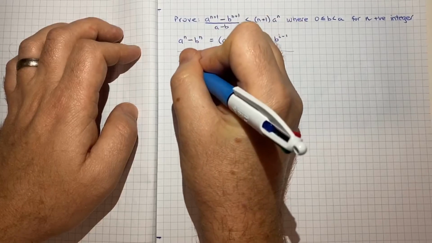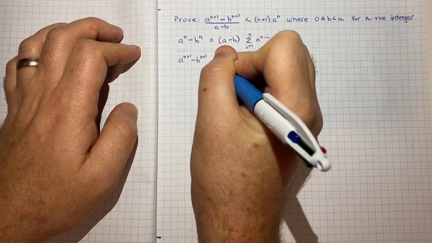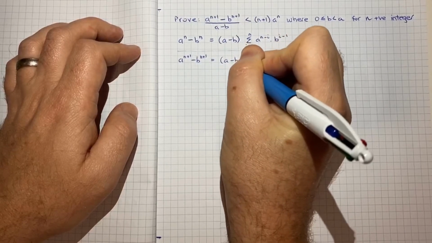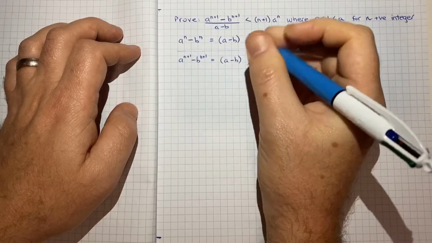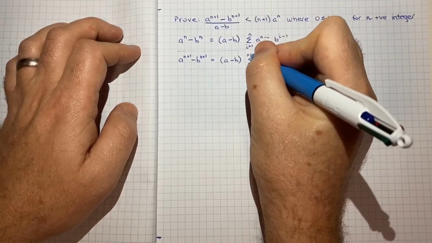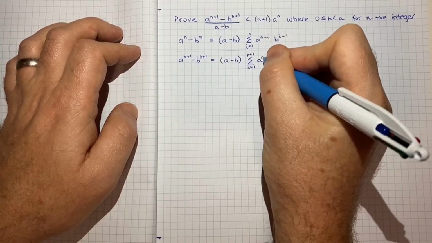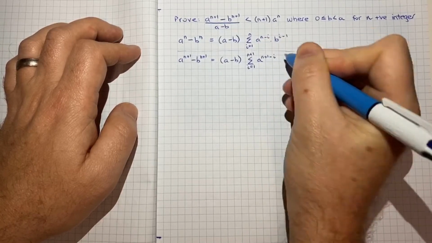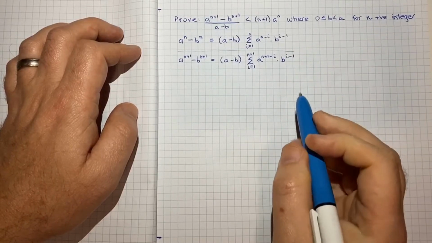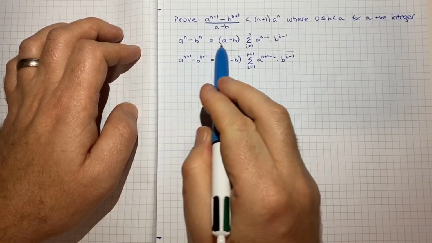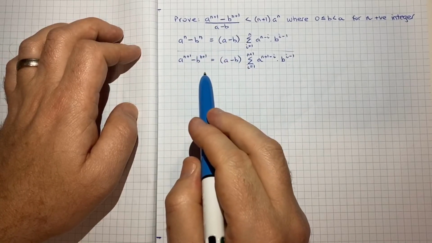So we get a^(n+1) − b^(n+1) is equal to (a − b) times the sum from i = 1 to n+1 this time of a^(n+1−i) times b^(i−1). All I've done there is take our general result and insert n plus 1.